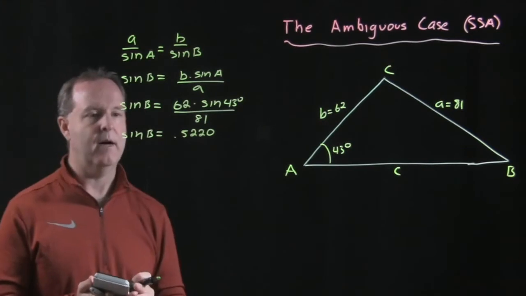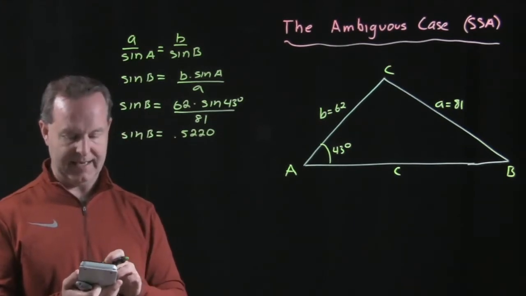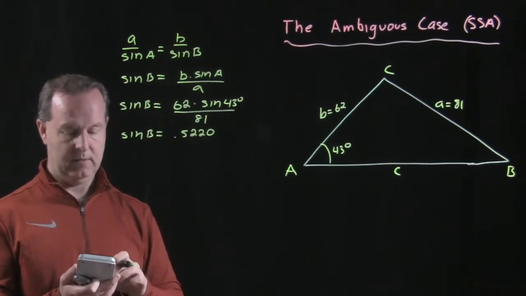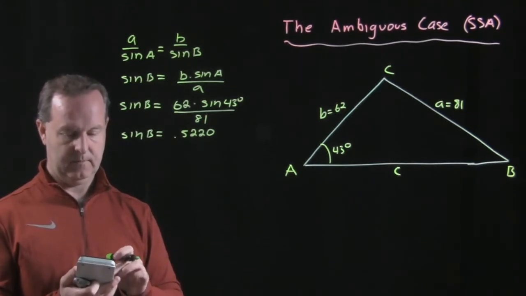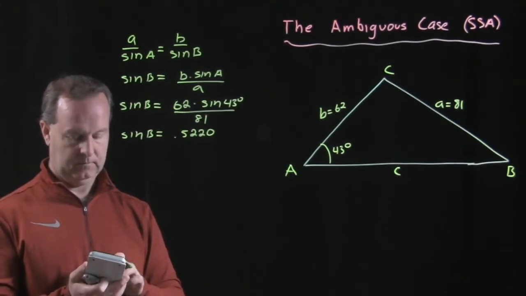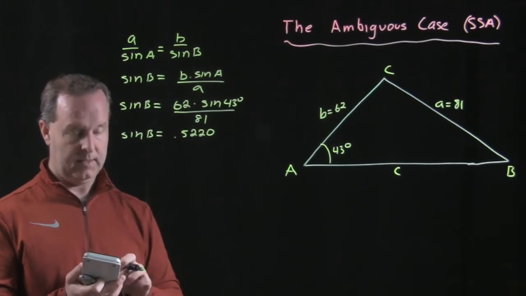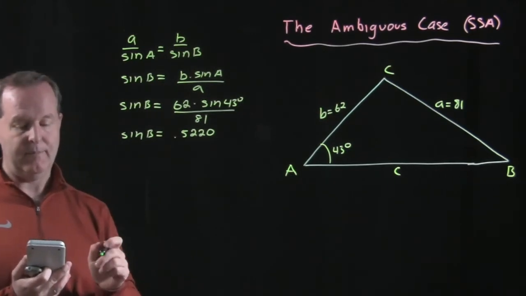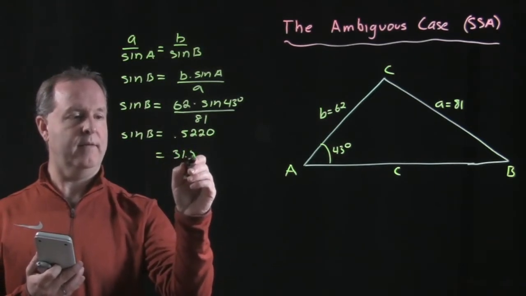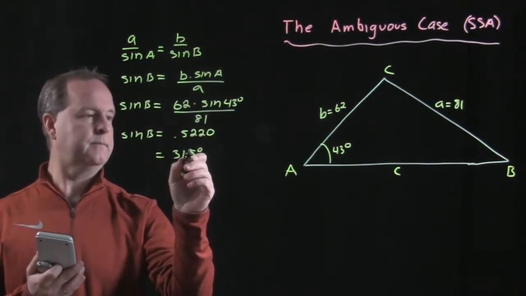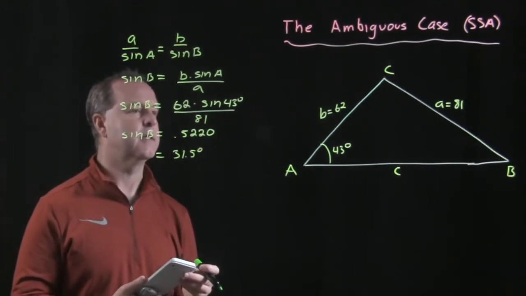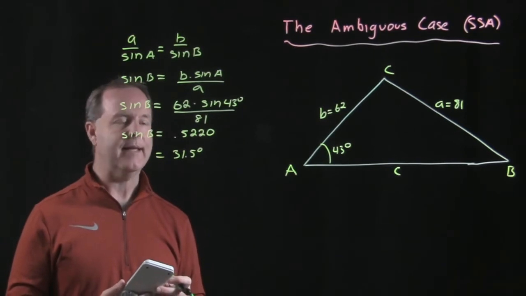So the sine of B is 0.5220, and I'll take the inverse sine of that to figure out what B is, and B is 31.46, or 31.5 degrees.